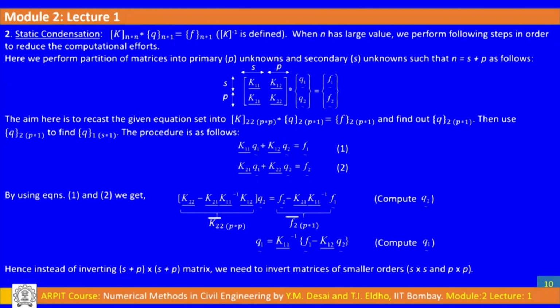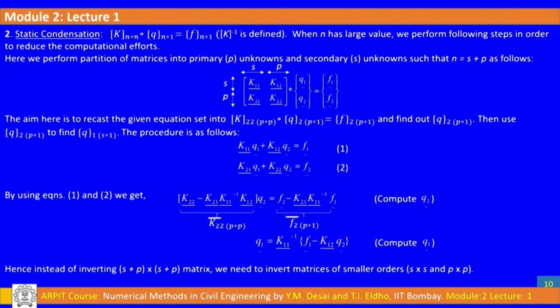We expand the partition equations as shown in equation set 1 and equation set 2, and from these two equations, first we eliminate Q1. As a result, we have an equation in terms of Q2 alone, as we have shown in this equation.